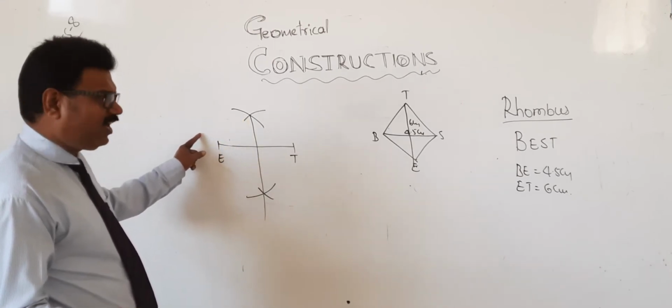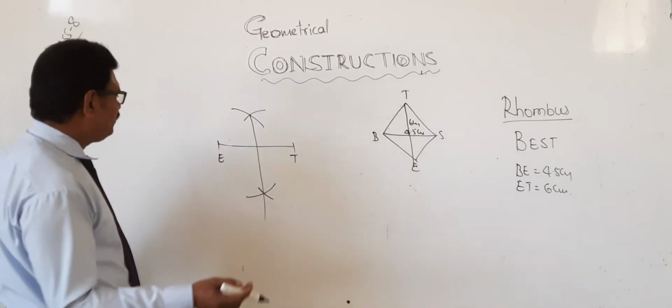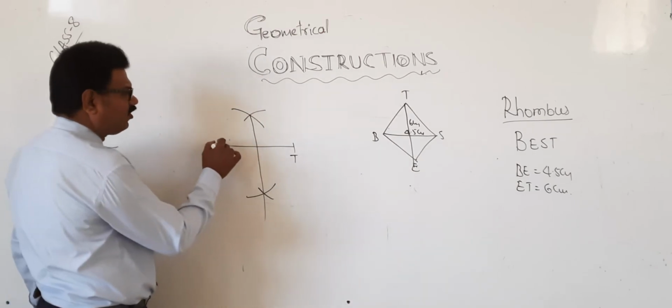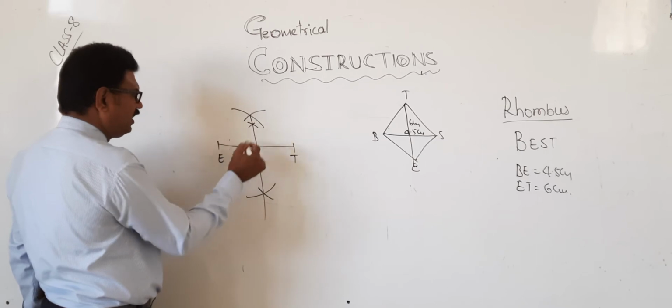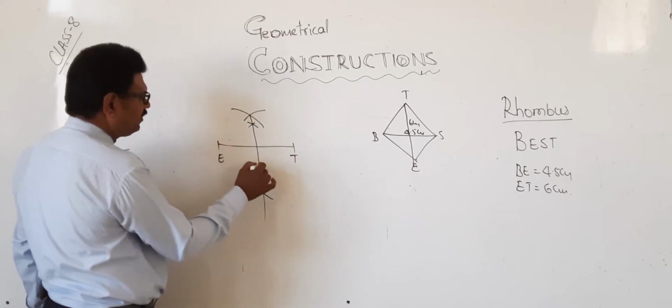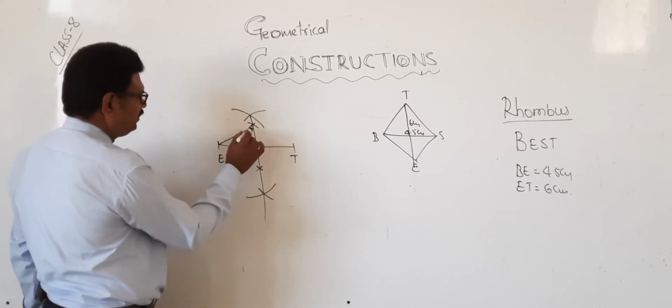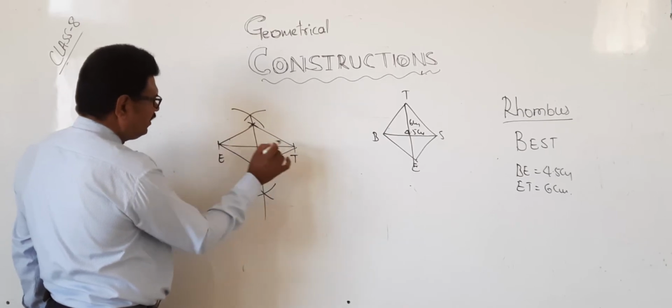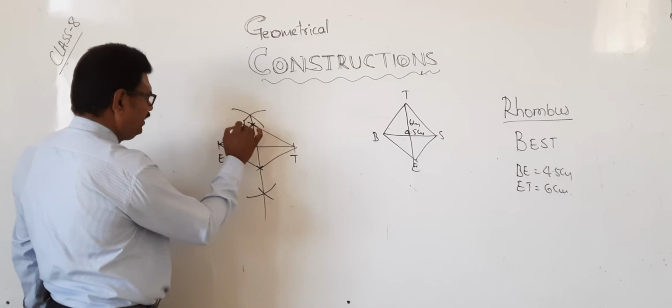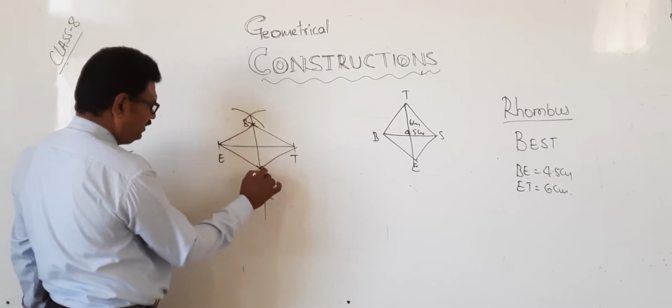All sides are equal or not? Yes. Now you do one thing. From here cut 4.5 centimeters like this. From here also like this. Here also cut. Therefore, this is nothing but our required rhombus BEST.